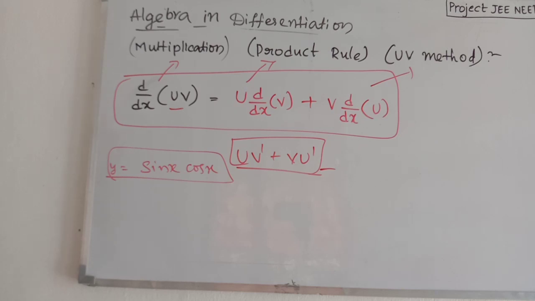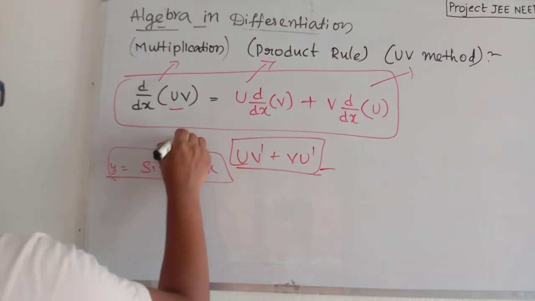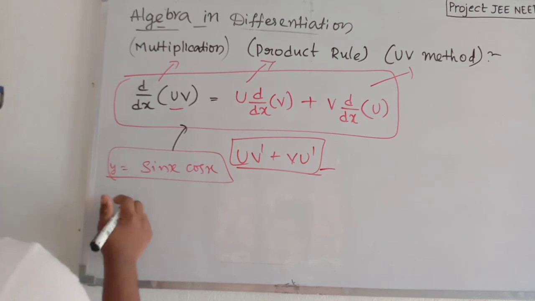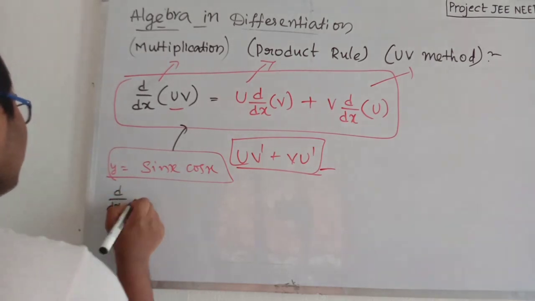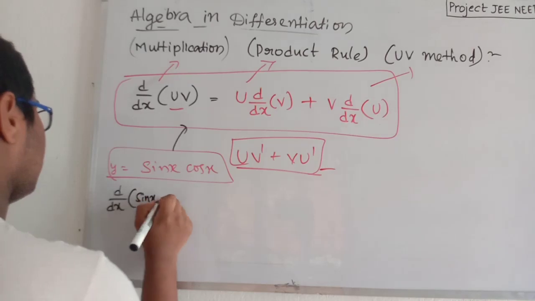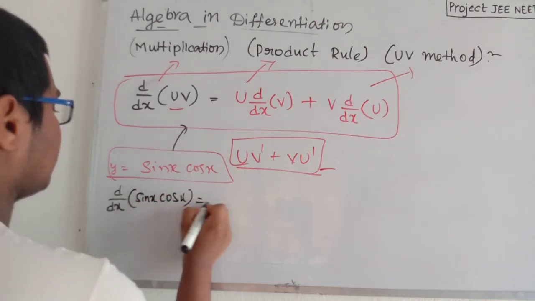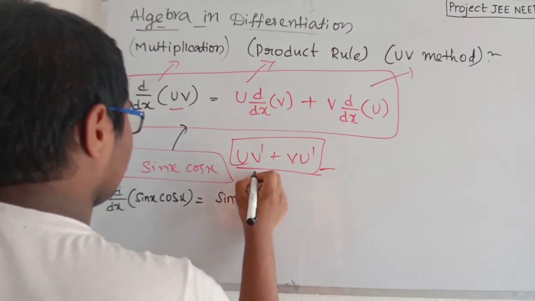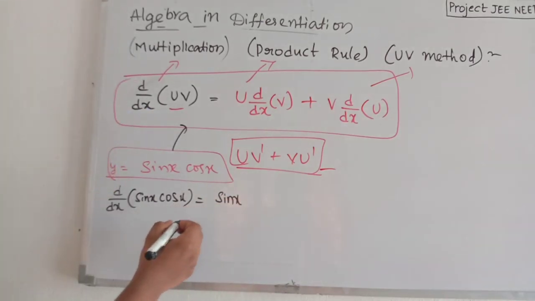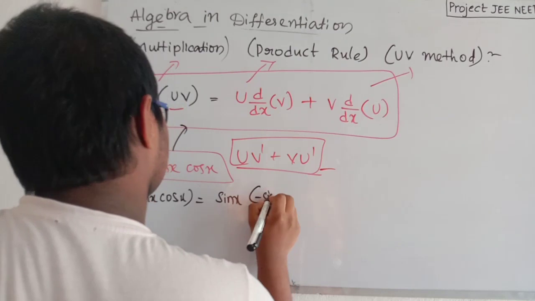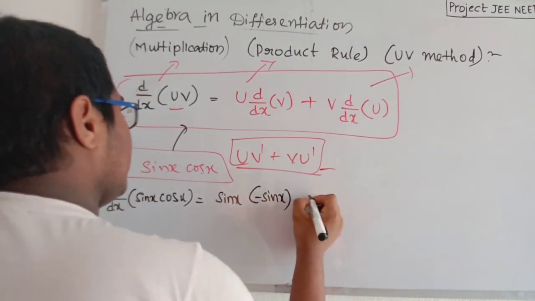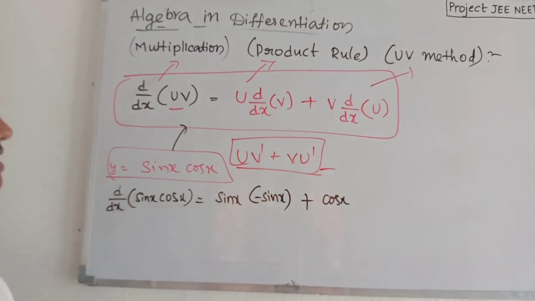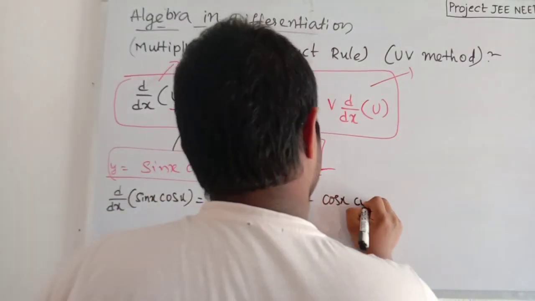Substituting in this formula, d by dx of sin x into cos x is equal to sin x into d by dx of cos x, which is minus sin x, plus cos x into d by dx of sin x.